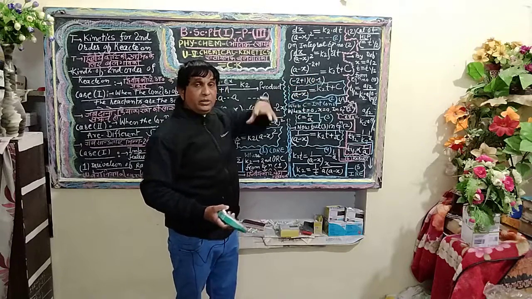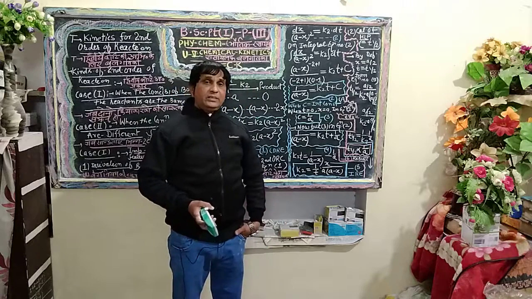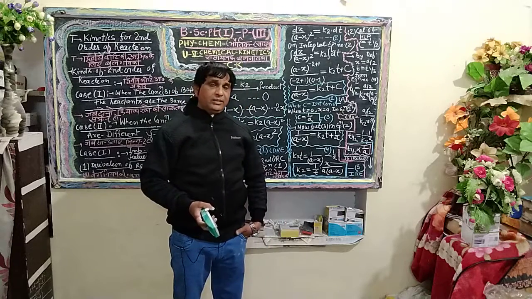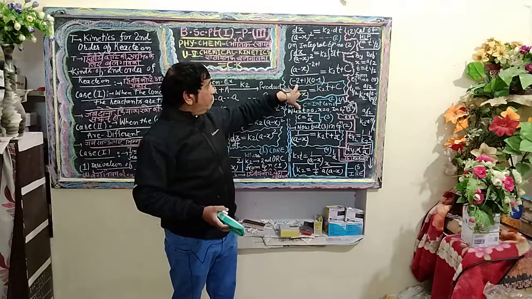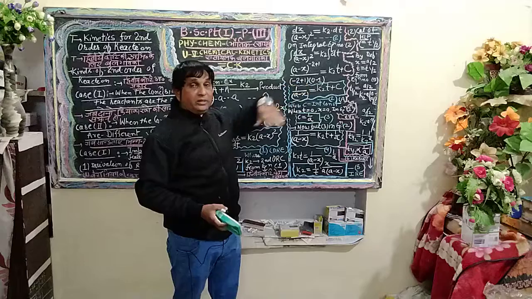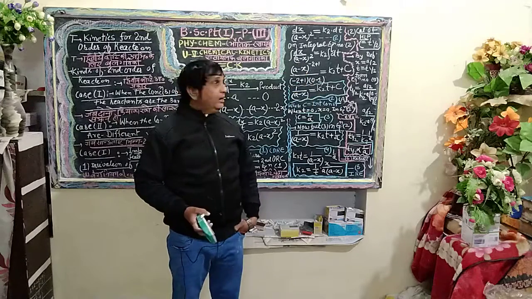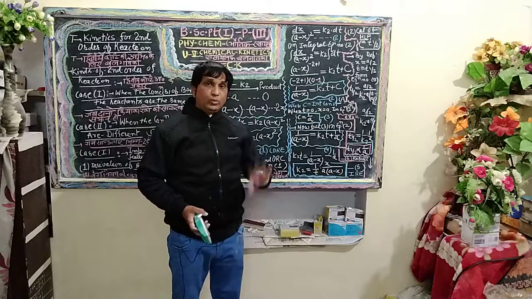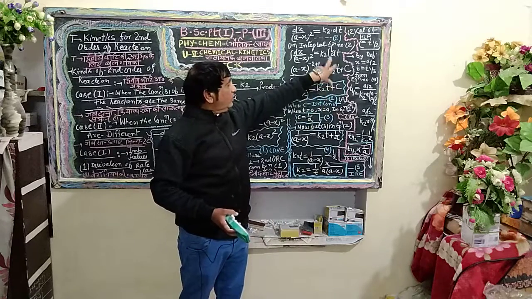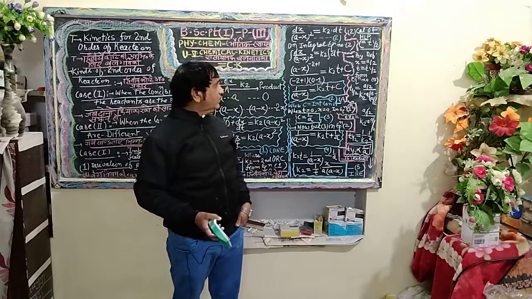Here integral and differentiation are processes reverse to each other. So n plus 1, where n is minus 2, gives minus 1. So it is equal to k2 integral t plus c, where c denotes the integral constant.